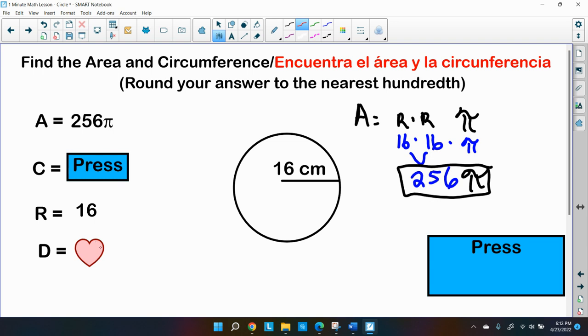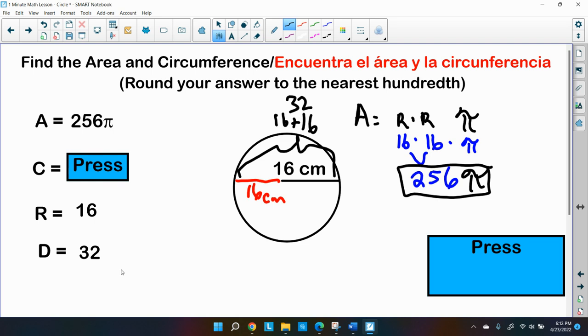So the diameter is twice the size. So that means I need another 16 here, centimeters, to get the whole long line. So the whole long line would be 16 plus 16, which is 32 centimeters. So the diameter is 32, twice the size of the radius.